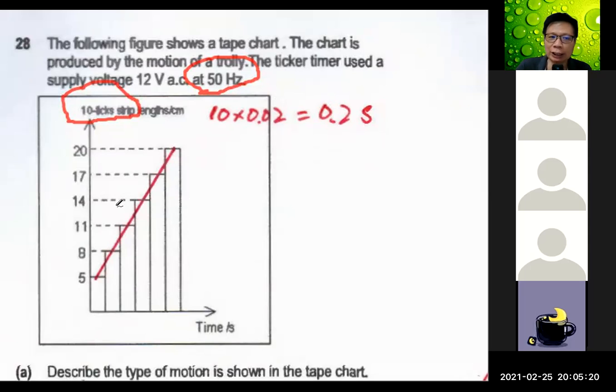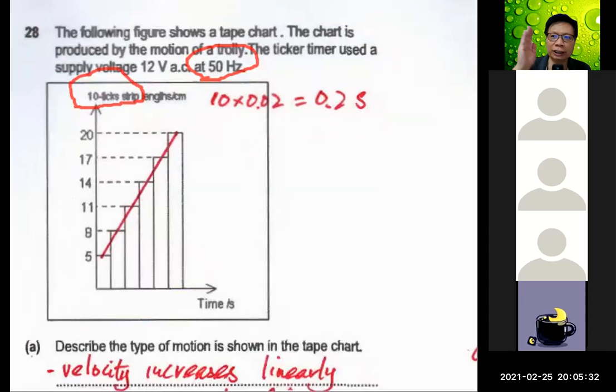It's getting faster, but in a straight line. You see here, when you connect here now, it becomes a straight line. So we say velocity increases linearly. The velocity is increasing, but linearly because it's a straight line. Velocity increases linearly. Okay.